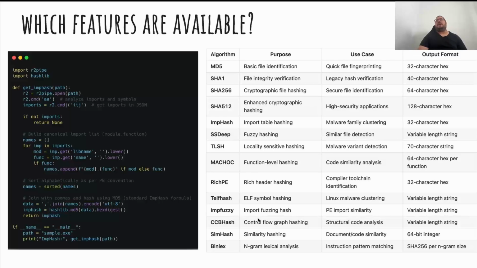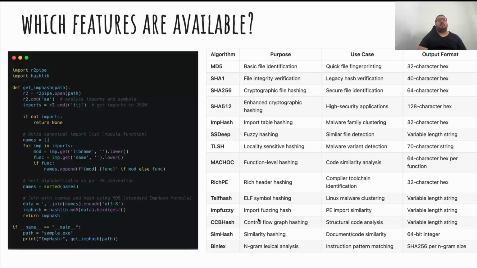So I wanted a tool that collects all the fuzzy hashing techniques, using R2Pipe with native Radare2 commands in the backend to extract this information. I read the papers and the different implementations that are out there, and I created these plugins inside R2Inspect to analyze my data set with my framework.